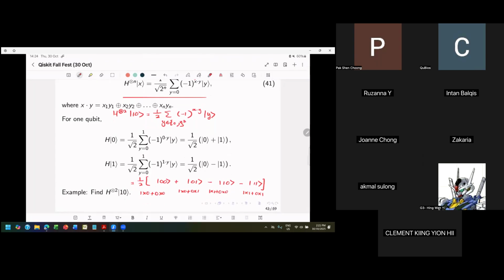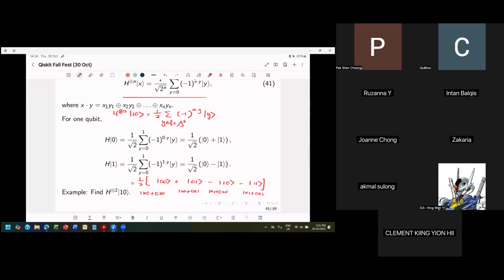So for 0 0, you get 1 multiplied with 0 plus 0 multiplied with 0, so you get a plus sign. The second one, you still get a plus sign. The third one, you get a minus sign. The fourth one, you get a minus sign. Is it okay?